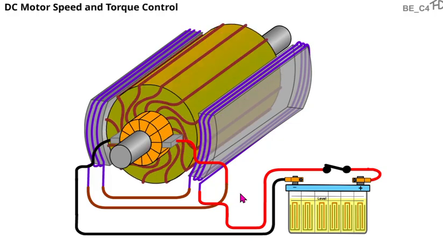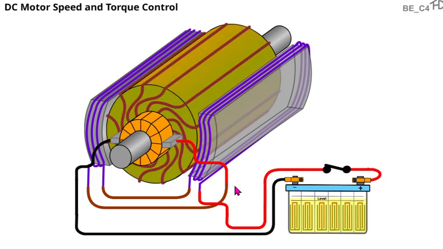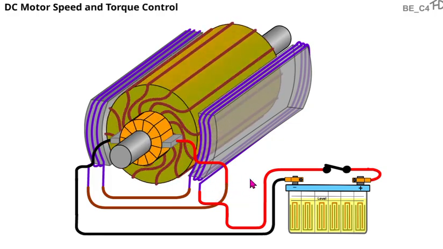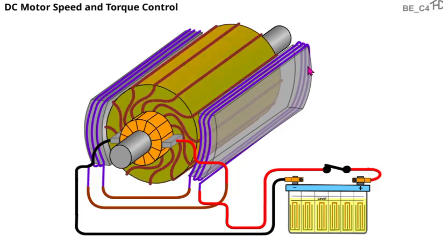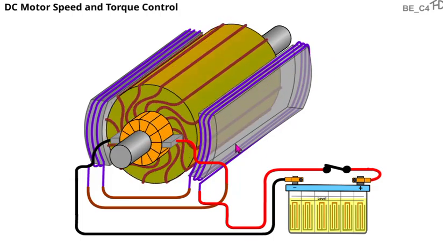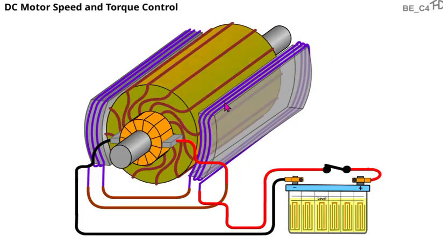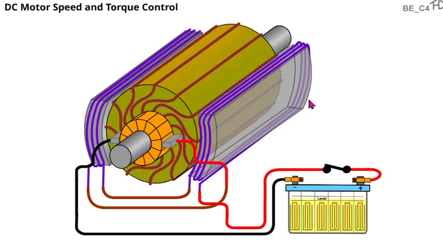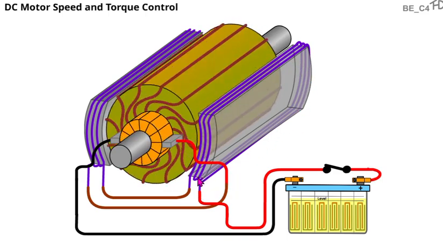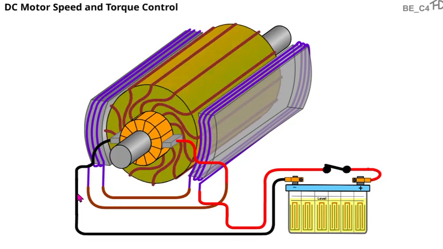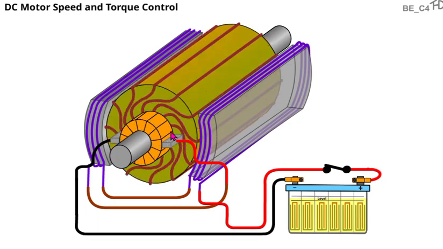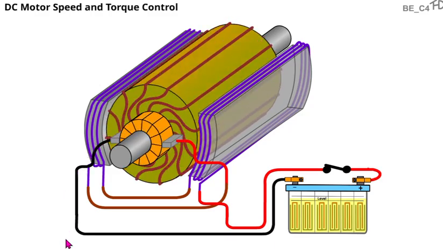Then we have the series type. This is common for starter motors. This particular one has a field coil, so it's not a permanent magnet. We're actually generating this electromagnet by putting electricity through it. So it goes through the field coils first, and then it goes to the brushes, then it goes through the coils inside the armature, and then it goes to ground.